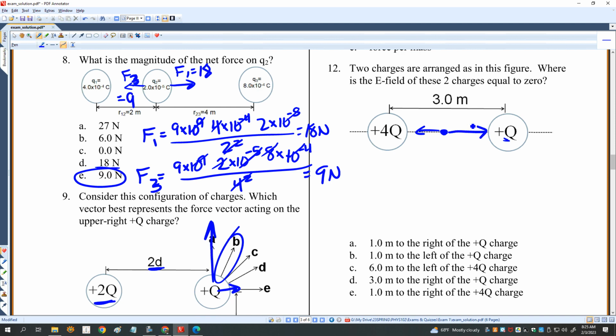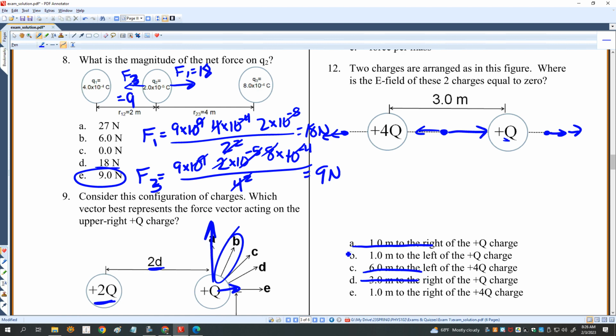So there is a place somewhere in the middle where I can arrange these so that the electric field is 0. But over here, if I draw my vectors, they're both to the left, and over here, my vectors are both to the right. So anywhere to the right of plus q is not going to work, and anywhere to the left of plus 4q.